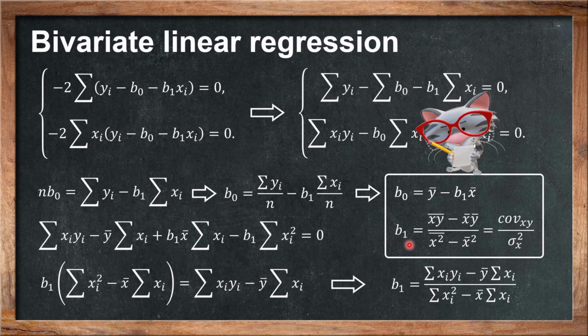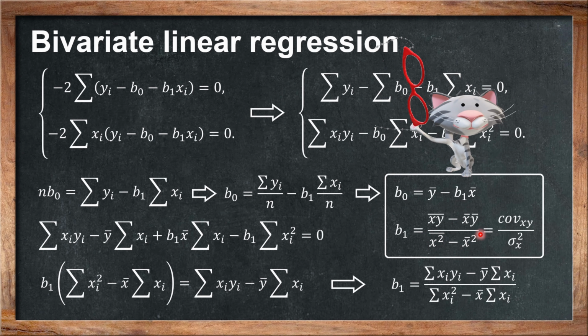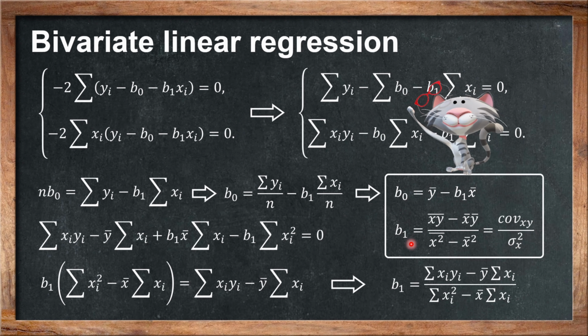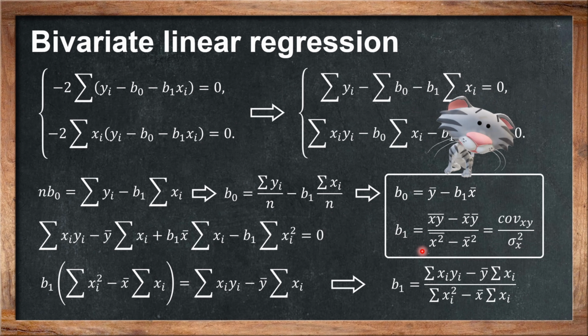That B1 equals xy average minus x average y average divided by x squared average minus x average squared, which can also be presented as the covariance of x and y divided by the variance of x. And this is how we derive the analytical form for the coefficients of our regression line.